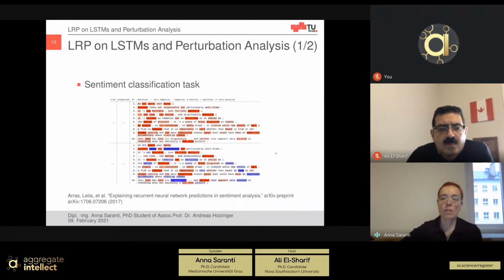And here in this slide, I'm comparing sensitivity analysis results and LRP results. LRP results have negative relevance against the very negative class. All those sentences are classified by the neural network as containing very negative criticism about particular movies, and LRP has negative relevance to that.